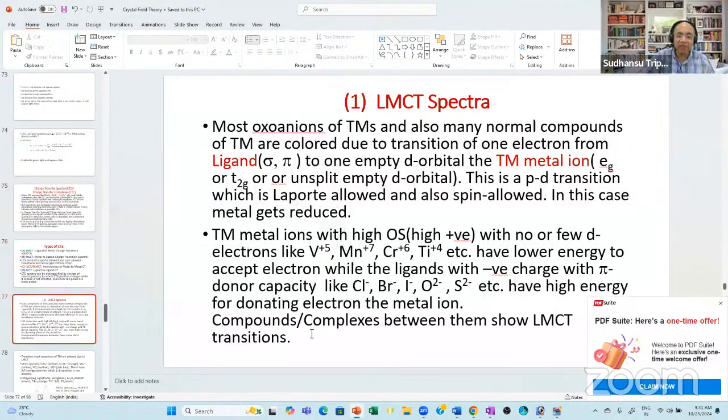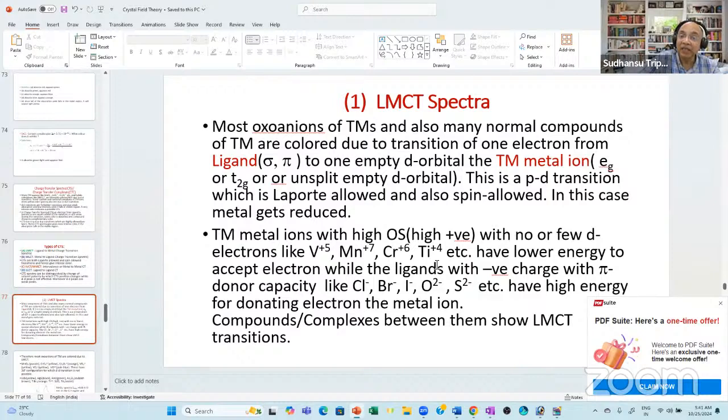Now, LMCT, I have already told you, a sigma or pi electron from the ligand will be transited to one of the empty d orbitals, Eg or T2g. And that happens, most importantly, when the oxidation state of the metal ion is very high.